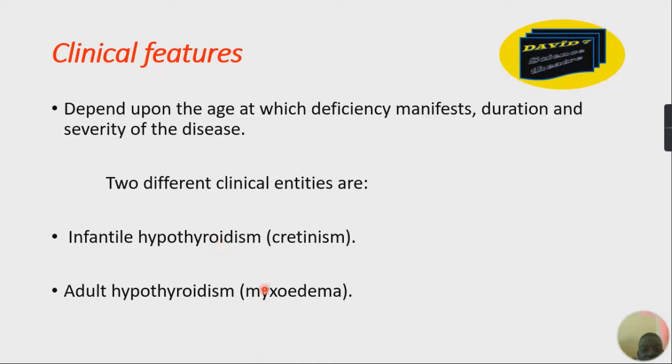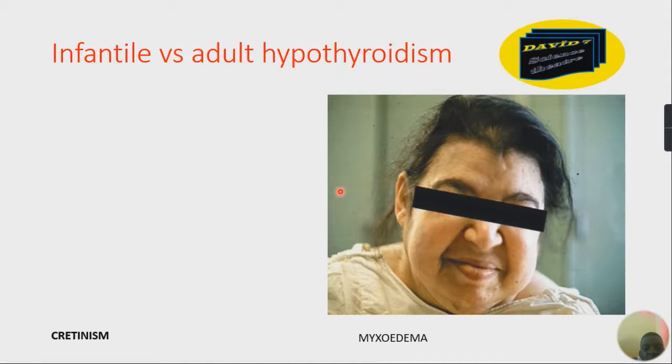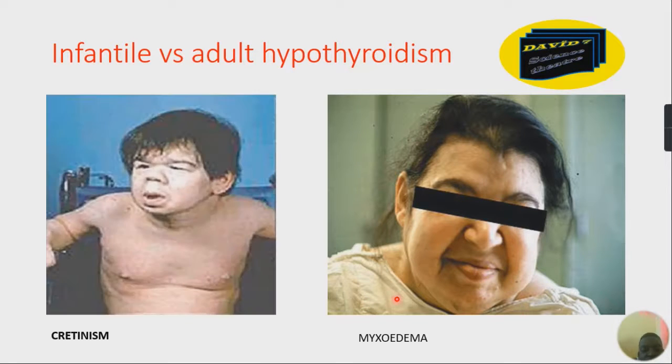We're starting with the infantile one. If you can see this person here, this one is having myxoedema, but this one is having cretinism. It occurred in the infant.